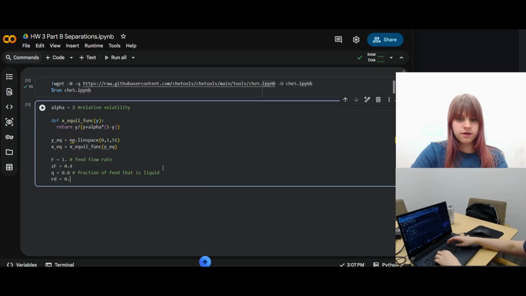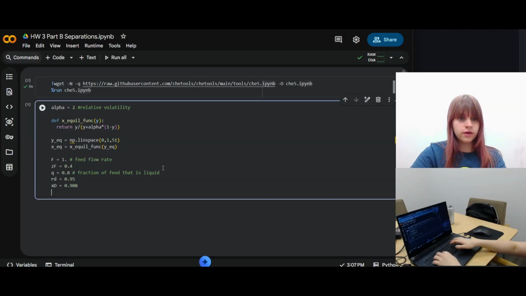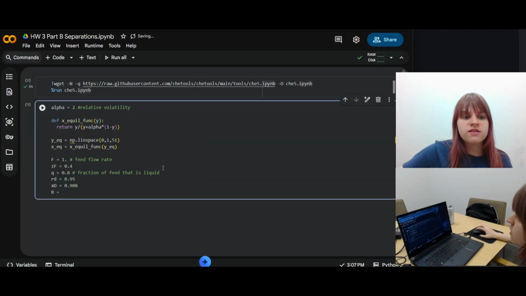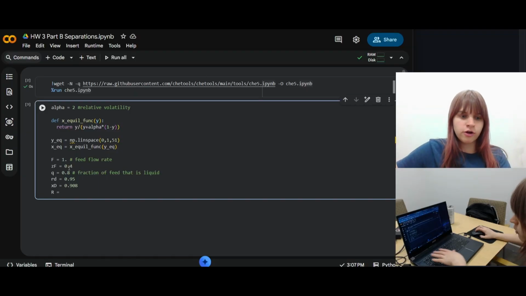I'm going to set our recovery of the distillate first to 95%, and then I'm going to set XD. This is the purity that we want to have, and I'm going to do 90.8% there, and this is in a mole fraction. And then we also want to set the reflux ratio. 1000 is pretty high, so I'm just going to go with this 2 for now, but I'll also show later on what that 1000 will look like.